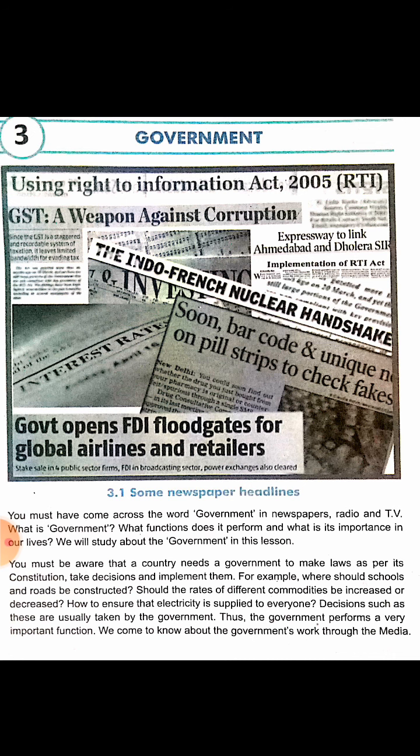How does the government make the laws? Based on its constitution. What is the constitution? India's rules and regulations were written in the constitution. The fundamental rights and fundamental duties that we have already learned are all included in the constitution.